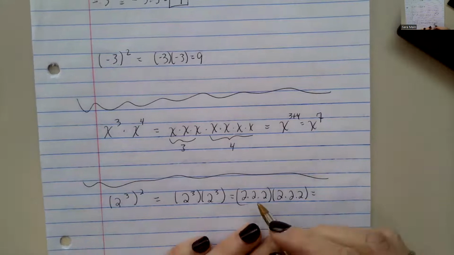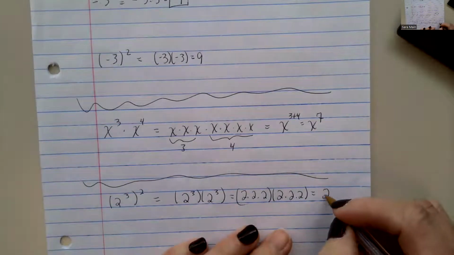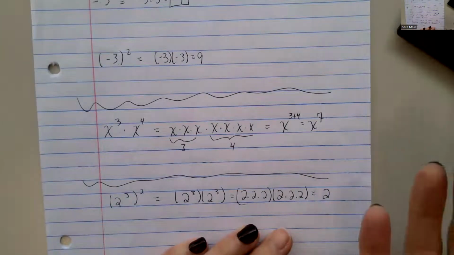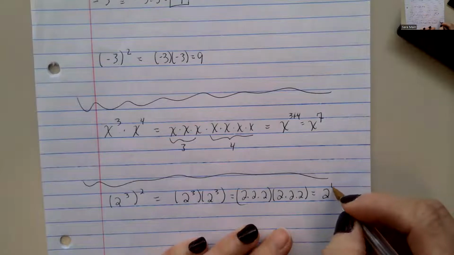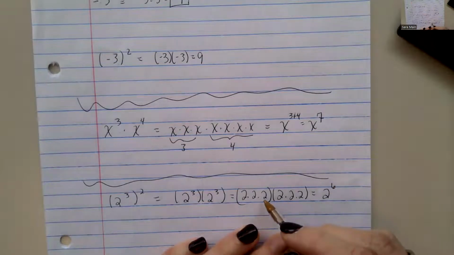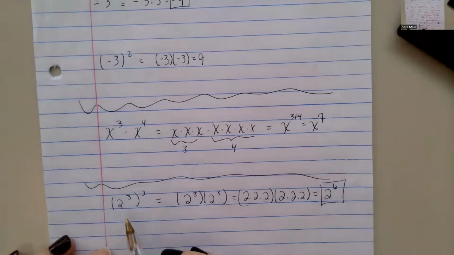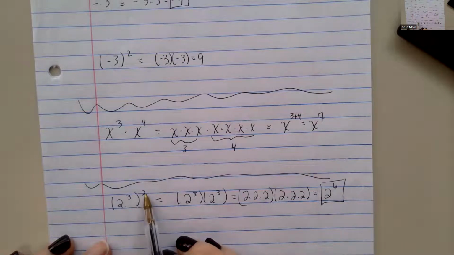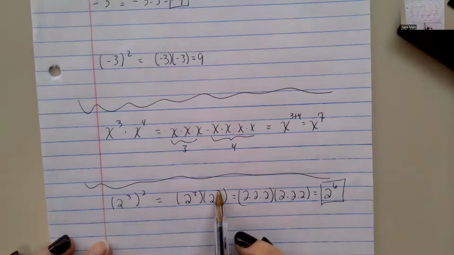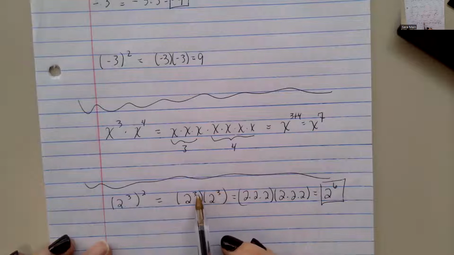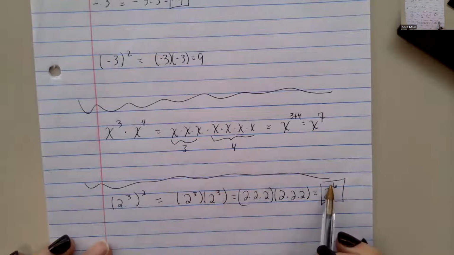So we have all of the same number being multiplied. So again, we can use our exponent to represent that in a more simple way, because there's 6 2's being multiplied together. So you can visualize this 2 to the third squared as 2 to the third times 2 to the third. So we're adding our exponents of 3 plus 3 to get to 6.